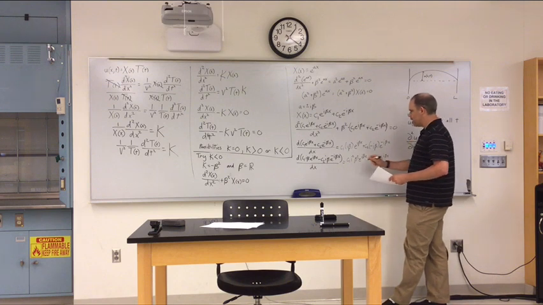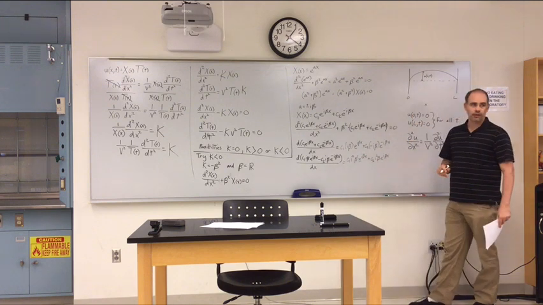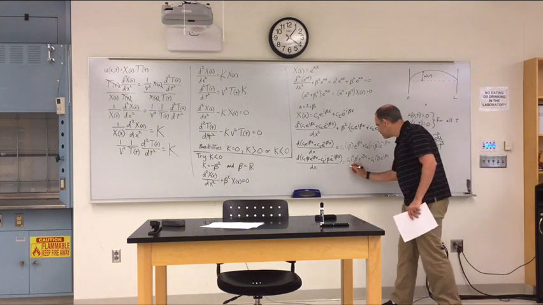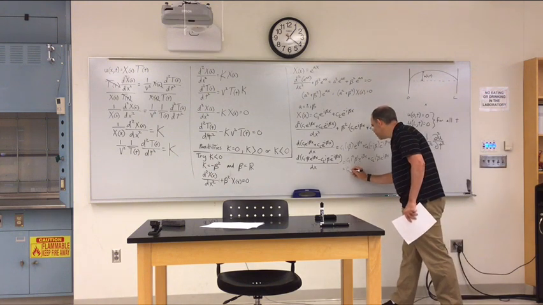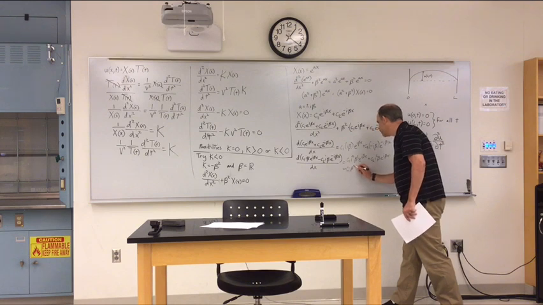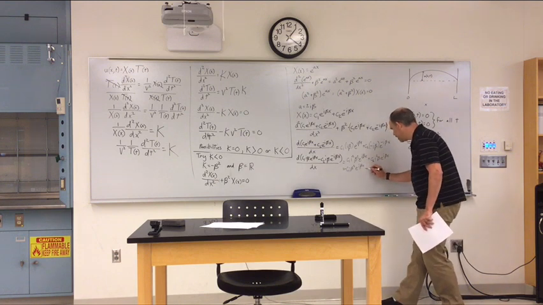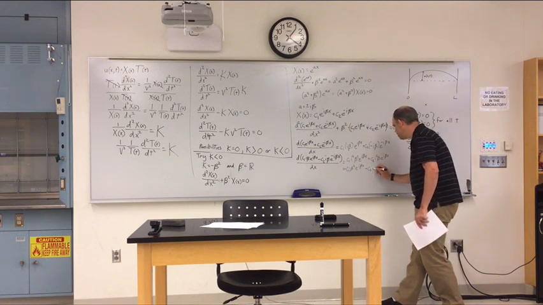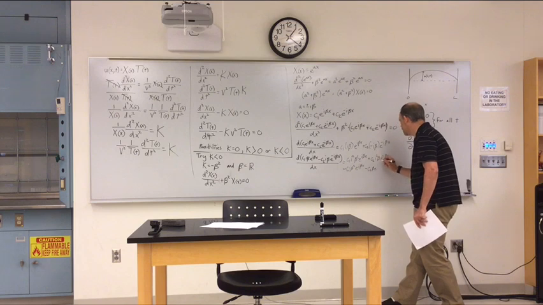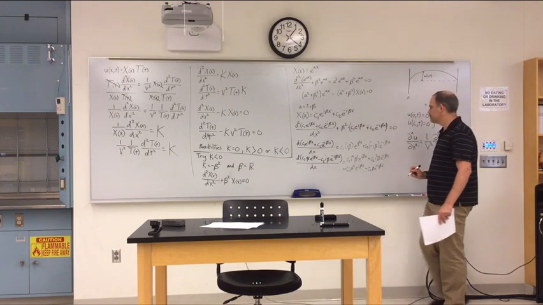I squared is negative 1, so this is equal to negative c1 beta squared e to the i beta x minus c2 beta squared e to the minus i beta x.